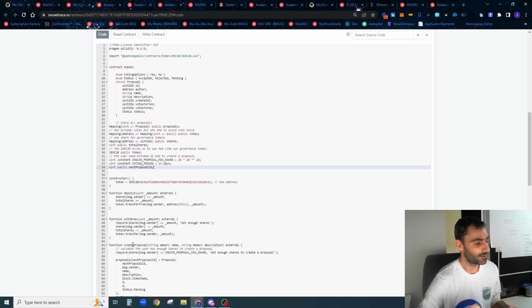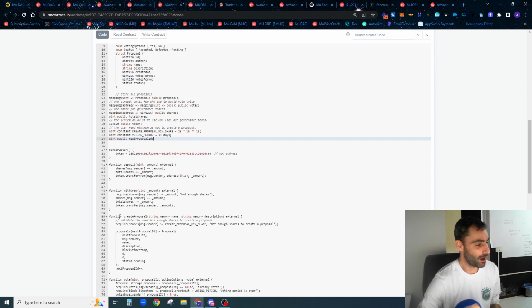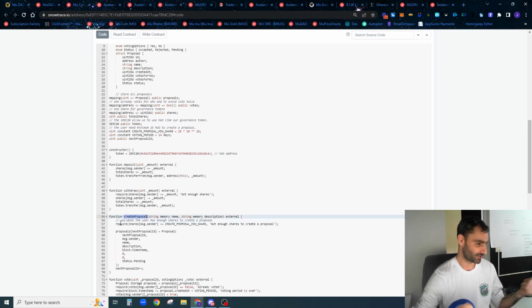For example, to blacklist somebody would be a function called blacklist, and it would take as a parameter a proposal that has a specific type, which would be a blacklist proposal. You would need to send it that proposal, and only if it's a valid blacklist proposal that was voted yes, could it execute the blacklist function that would then call the blacklist function on the Mu contract and blacklist somebody.